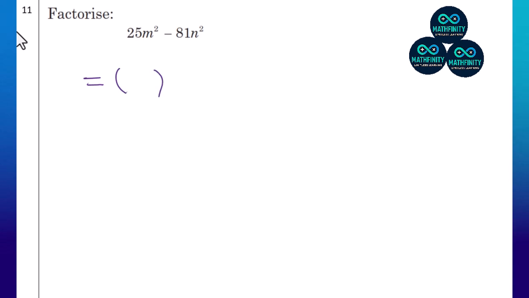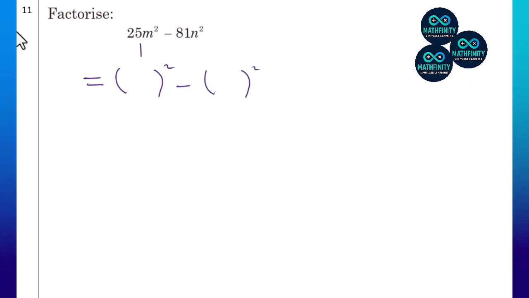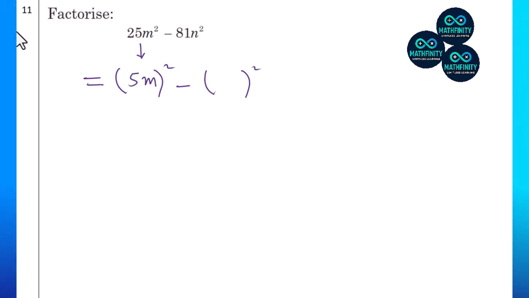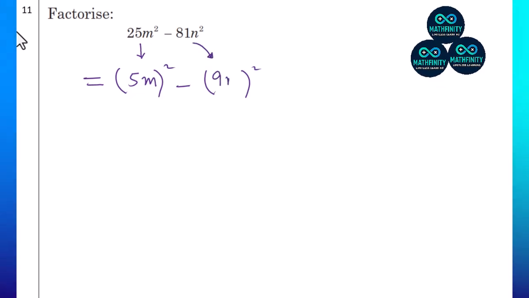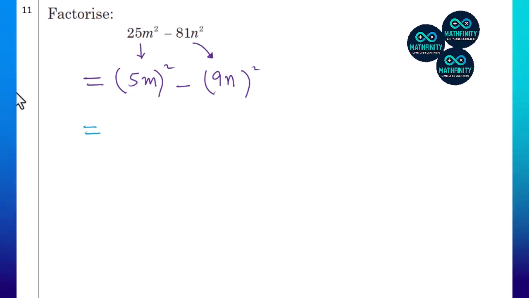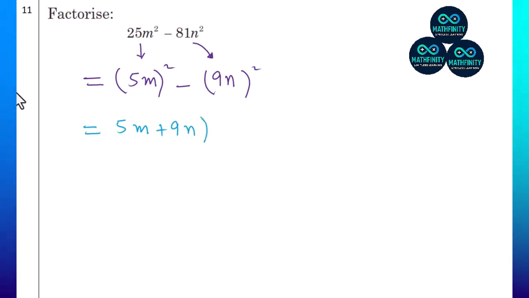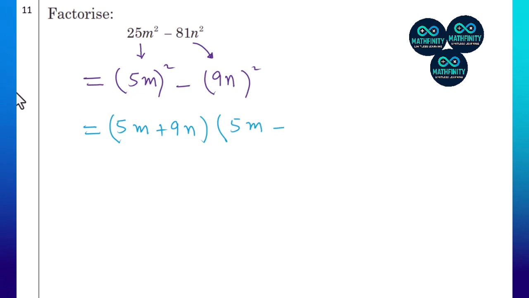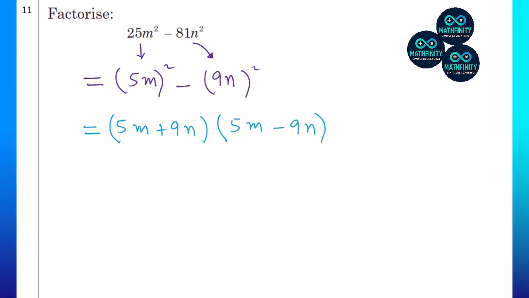What can we write in the first bracket and what do we write in the second bracket? 25 we can write as 5 and the variable is m. 81 we can write as 9 and n. We completed the square, so one time we write positive 5m plus 9n, and in the second bracket 5m minus 9n. Okay, hopefully you understand this.